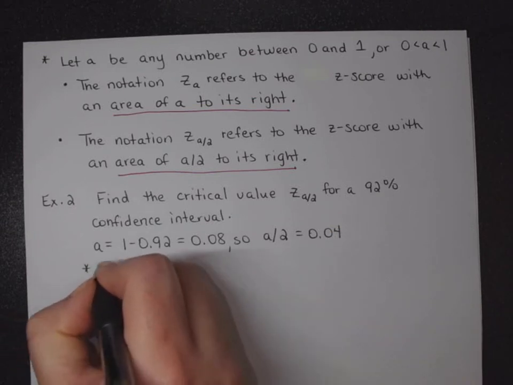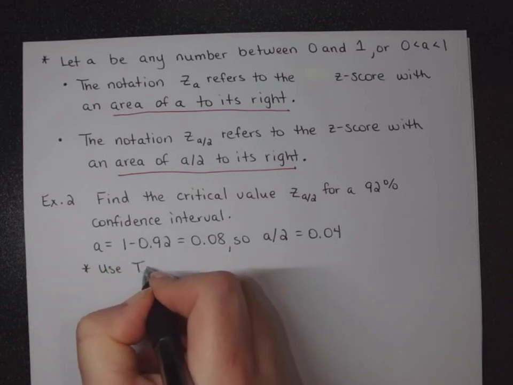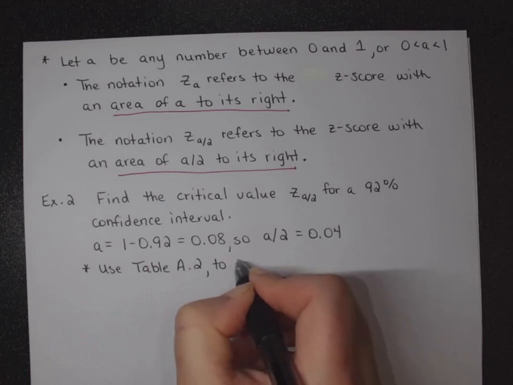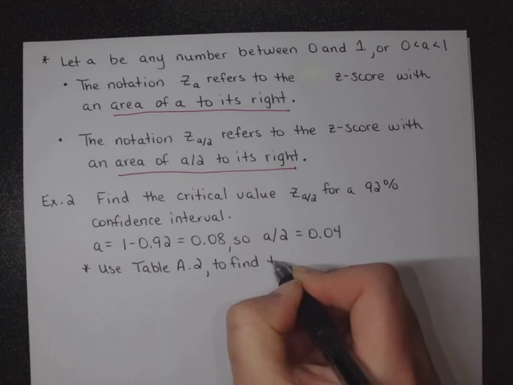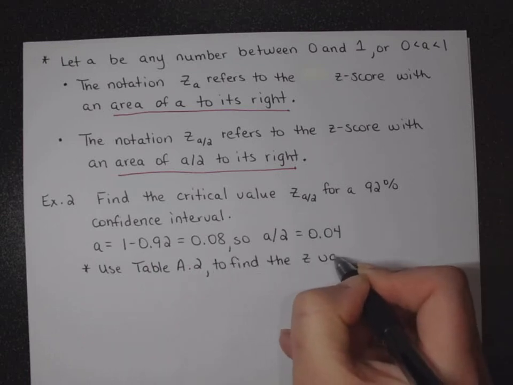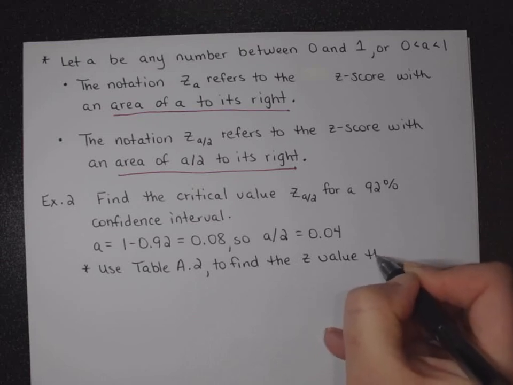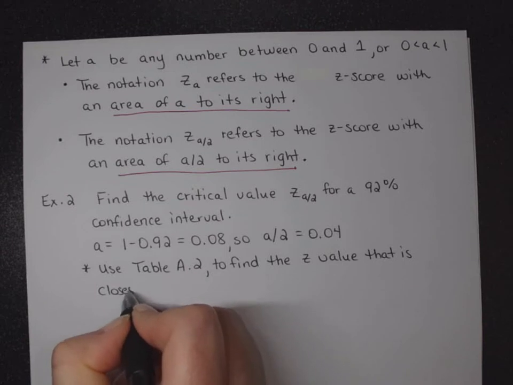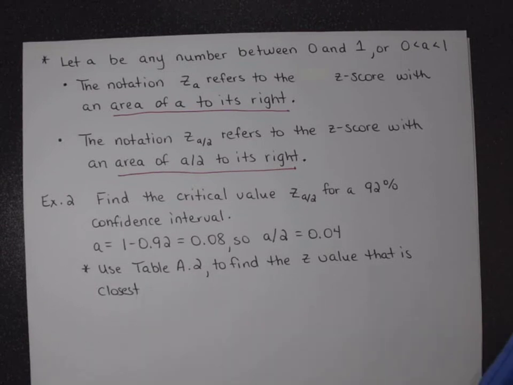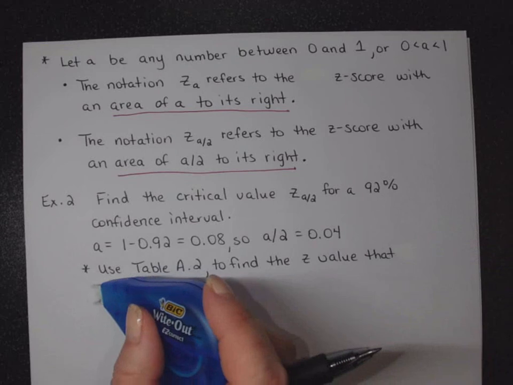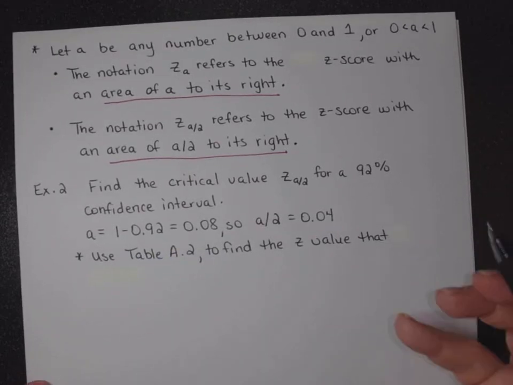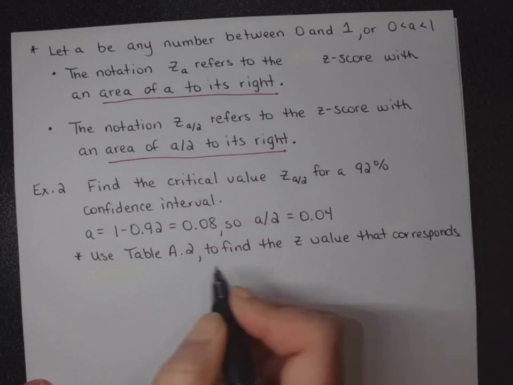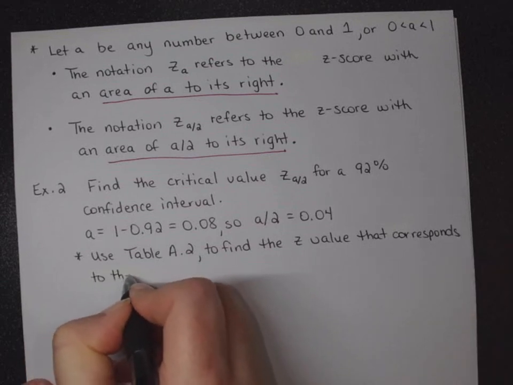So here is where we switch back to our old tried and true table. Because we can't find our given confidence level on the 8.3 chart, we need to find the z-score that corresponds to the area closest to 0.04.